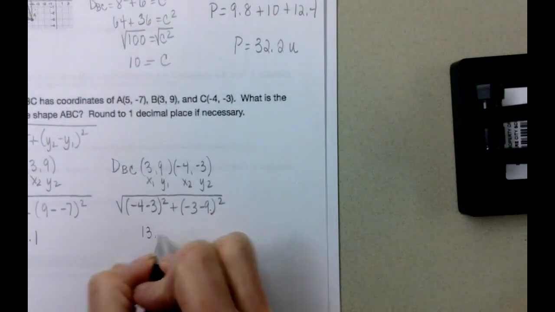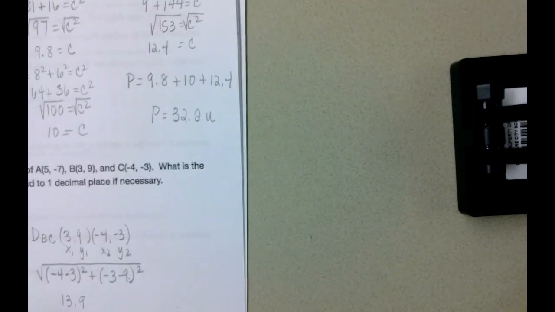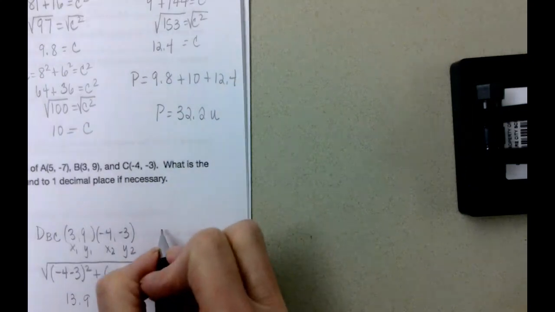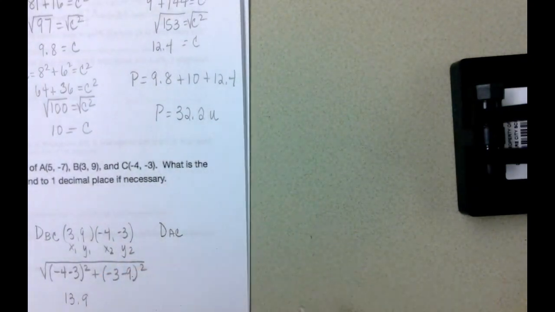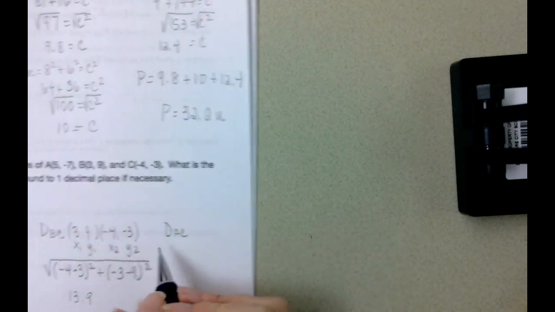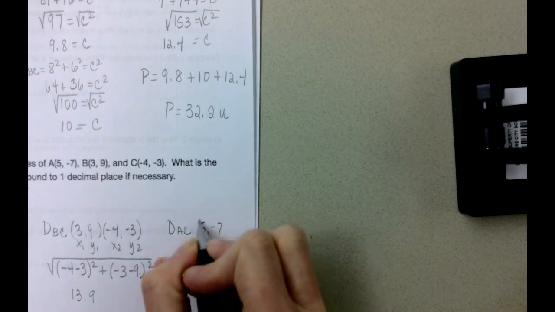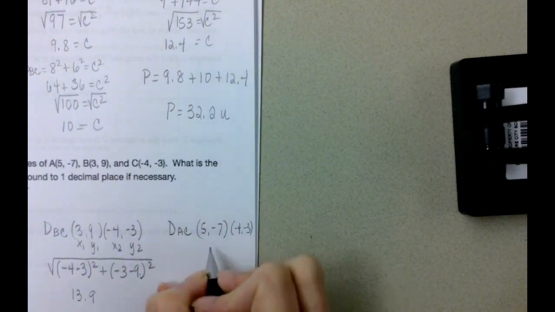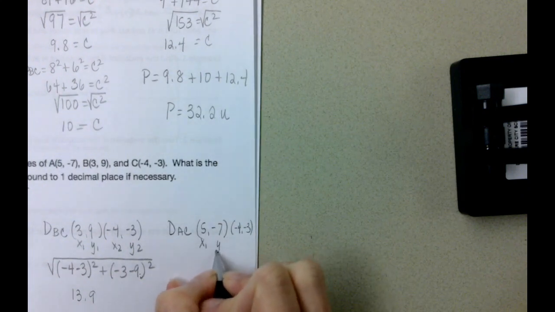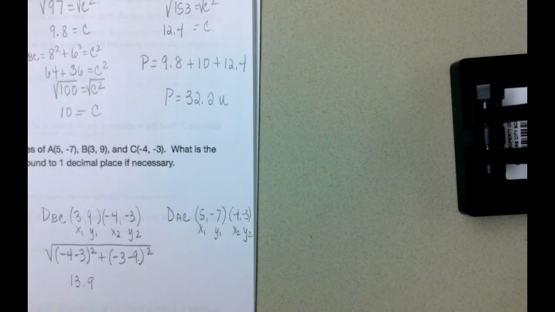So here's the 13.9, and let's see if I can squeeze the distance between A and C in here. It's going to be tight. But our point A, as we look back at the problem, is 5, -7, and our point C is -4, -3, and here's x1, and here's y1, here's x2 and y2.